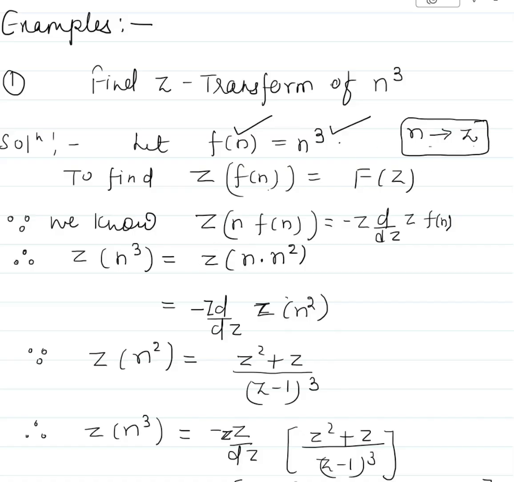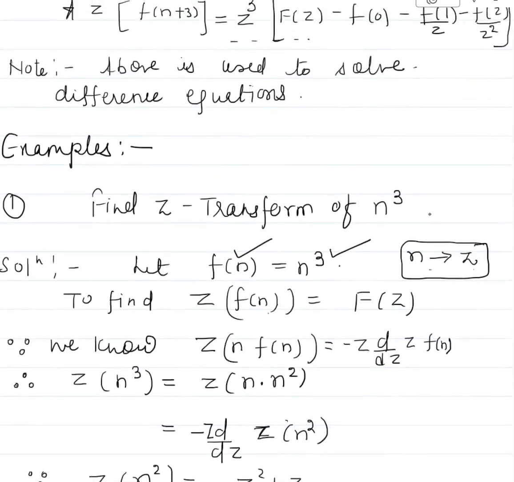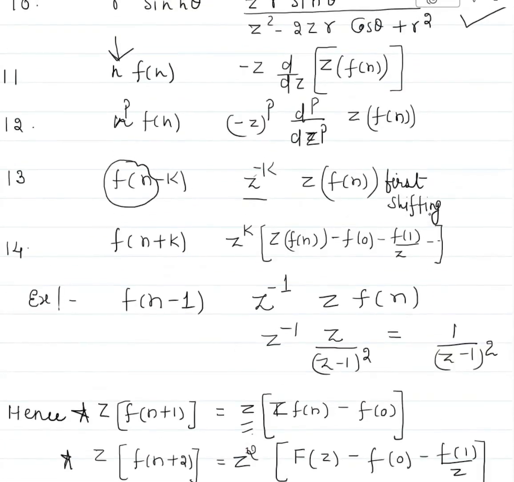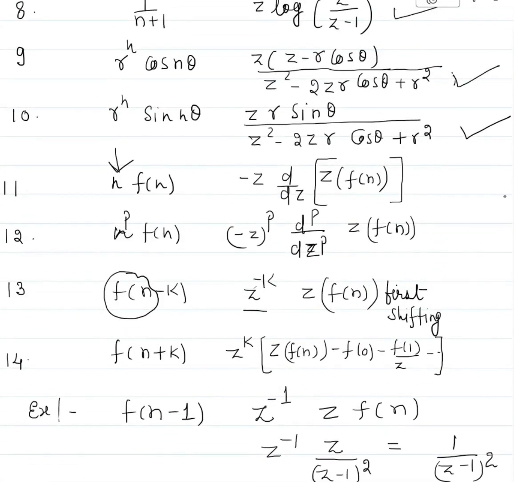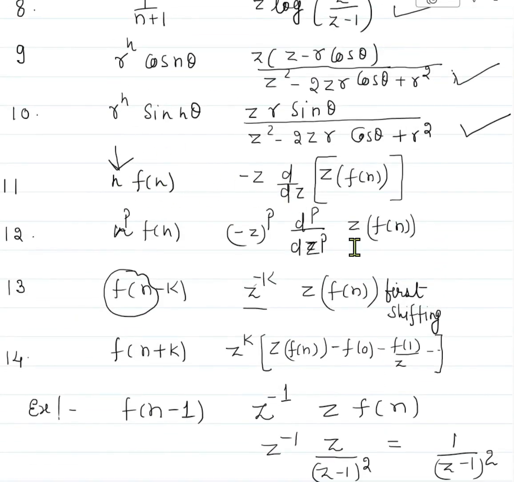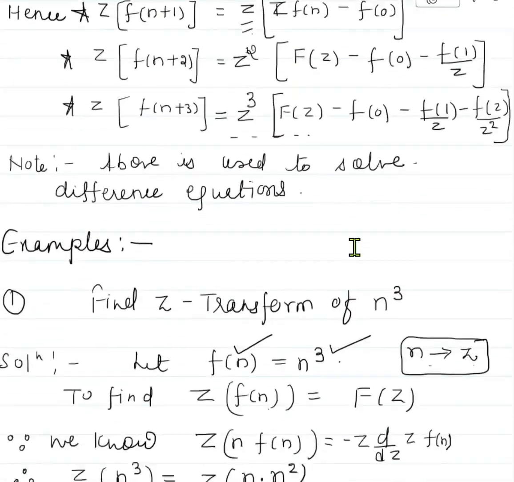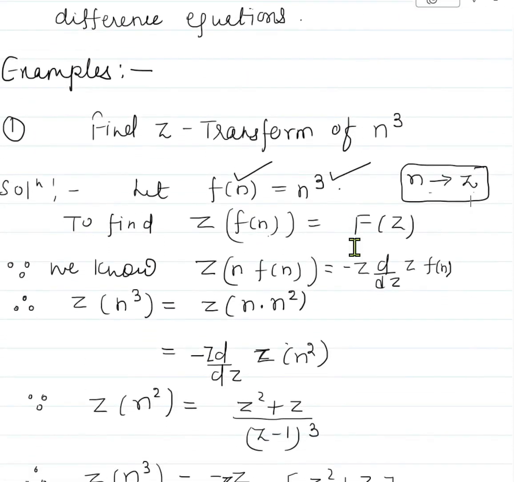Now we know if the function is multiplied by n, we can use this formula: minus z d by dz of F of z. I have already shown this formula in the list here, formula number 11, where the function is multiplied by n. The same we are using here.